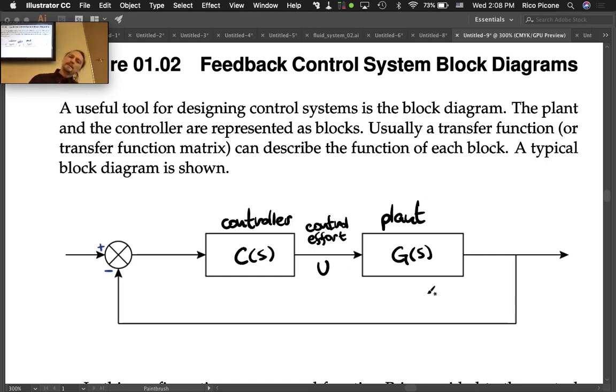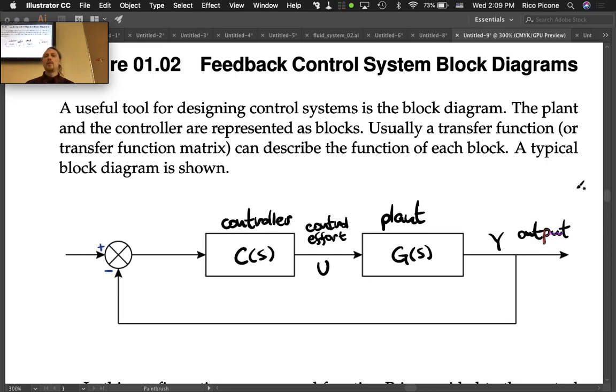So the output of the plant is the output of our entire control system, or our closed loop control system that we'll discuss in a moment. So Y, actually I'm going to suppress the (s) just because it's a little cleaner. Y is the output.